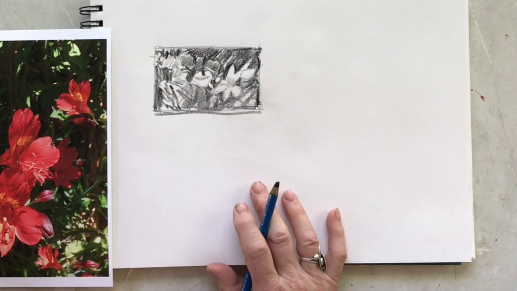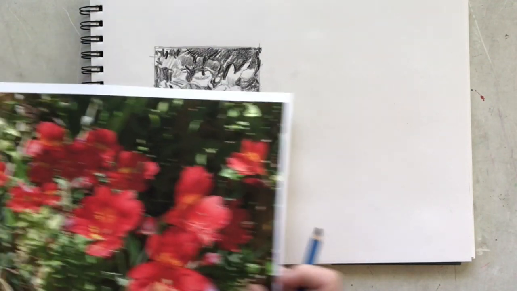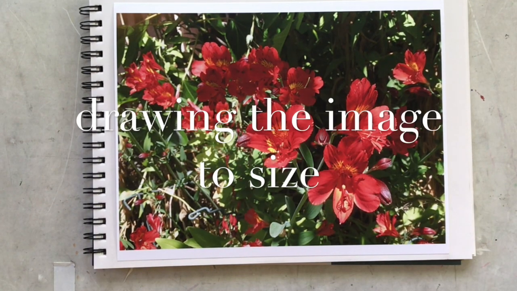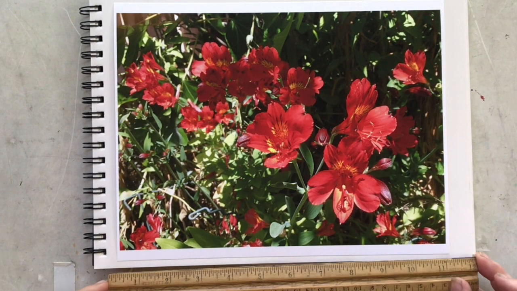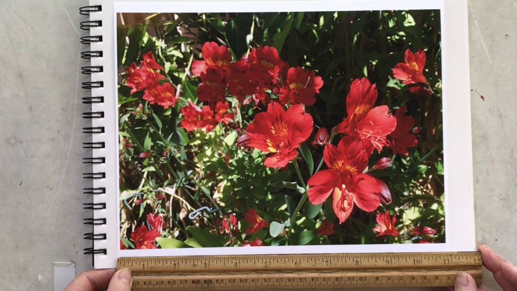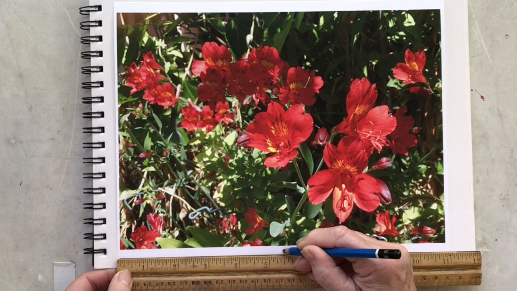But the next thing I do need to do is actually do the drawing of this piece. Now what I'm going to do to transfer this to my page is determine halfway through this piece.